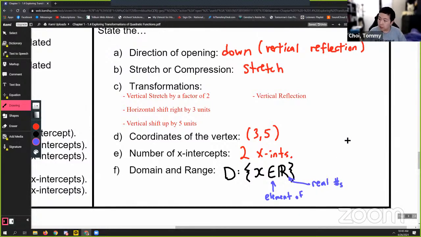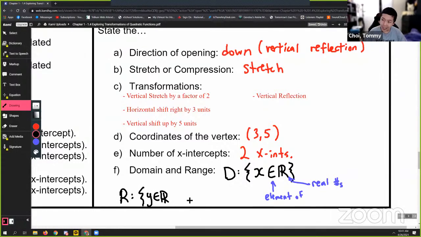in math, there are certain symbols that mean certain things, right? We already know that, like the equal sign means equals, plus means add, minus means subtract. It's the same idea, but the domain and range is a little bit unique because it creates like a sentence, right? So when we say that x is an element of real numbers, this is always included. Same thing goes for y and the range, actually. So the domain and range start the same way.